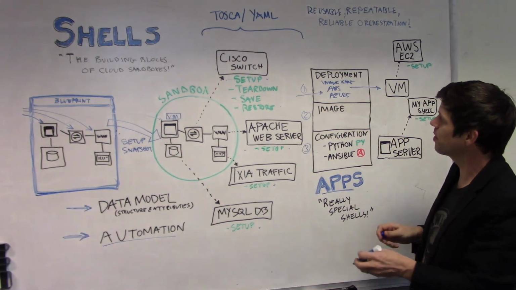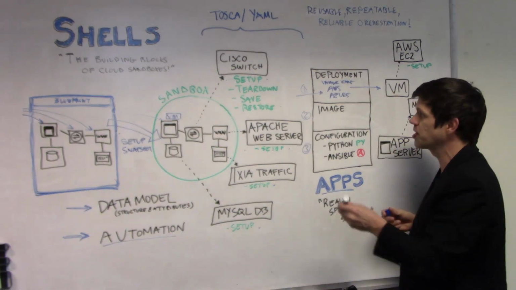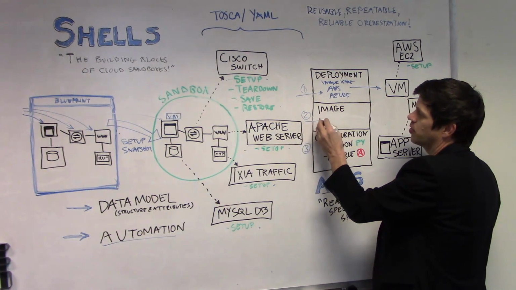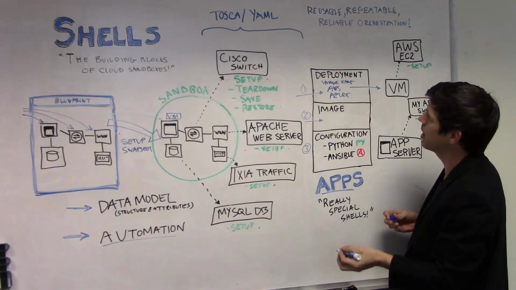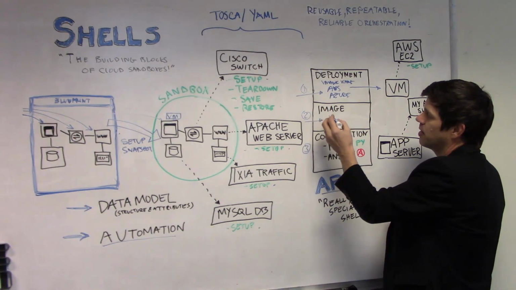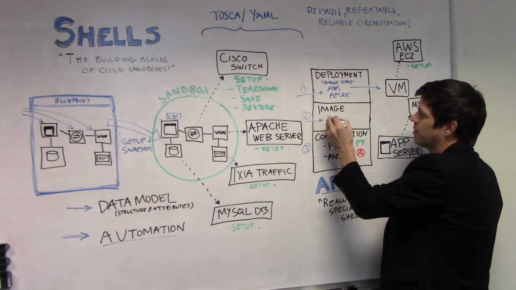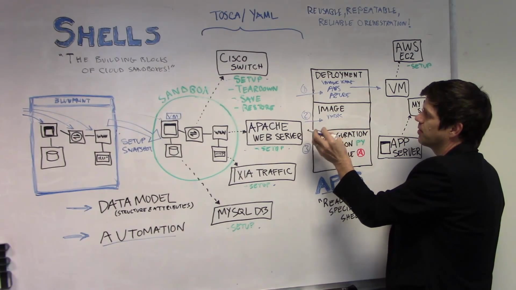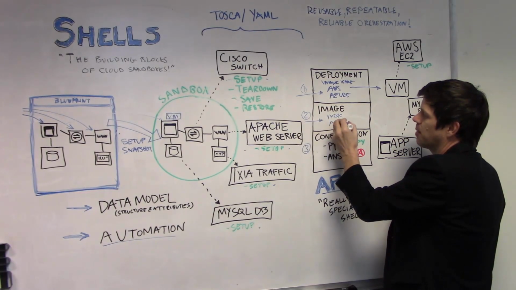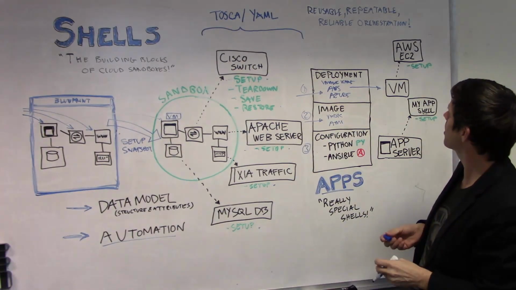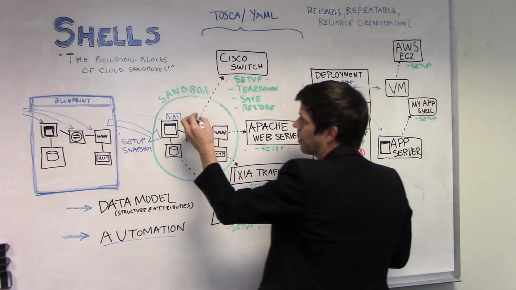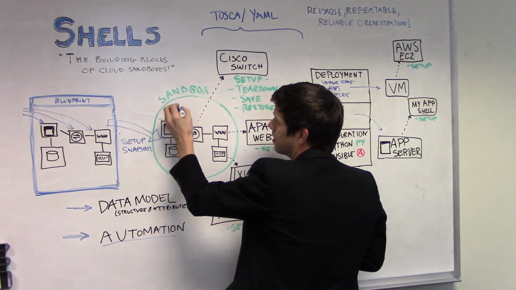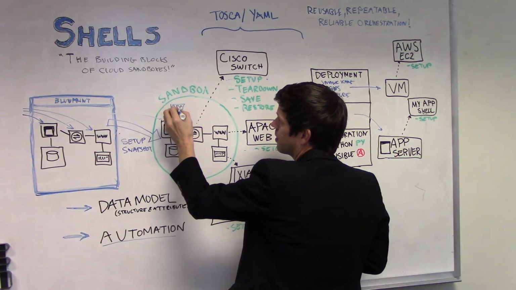Now the image defines the actual application image. Depending on what platform we are deploying our app onto, if it's vSphere, it might be something like a VMDK file. If AWS, it might be an AMI, etc. The image gets deployed as a resource. So in our sandbox, we get a little app there.